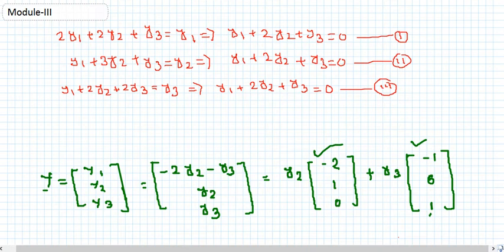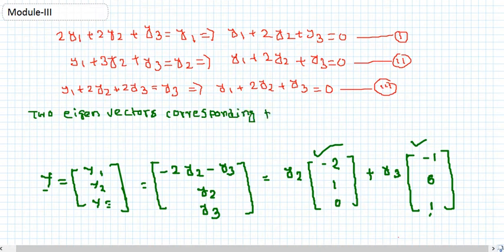So two particular eigenvectors corresponding to lambda equals 1 are found as follows.